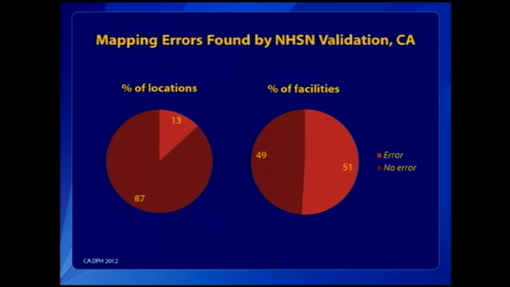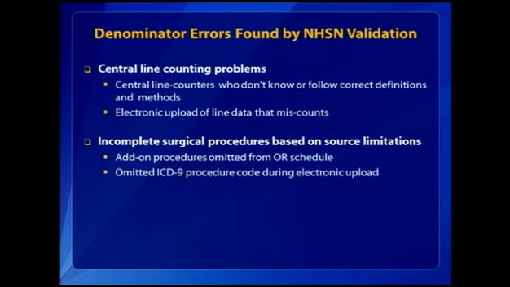But in California, they looked at the location mapping, which is really important for risk adjustment of device-associated infections. And they found that 13% of locations were mismapped, and that about half of the facilities had at least one location that was mismapped. I think this was something that was surprising to California and to the facilities.